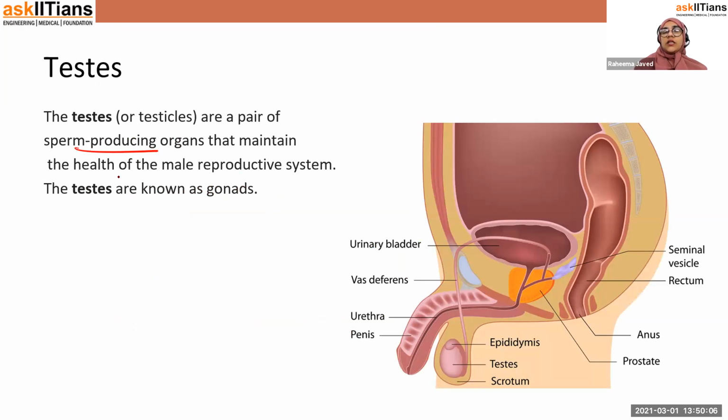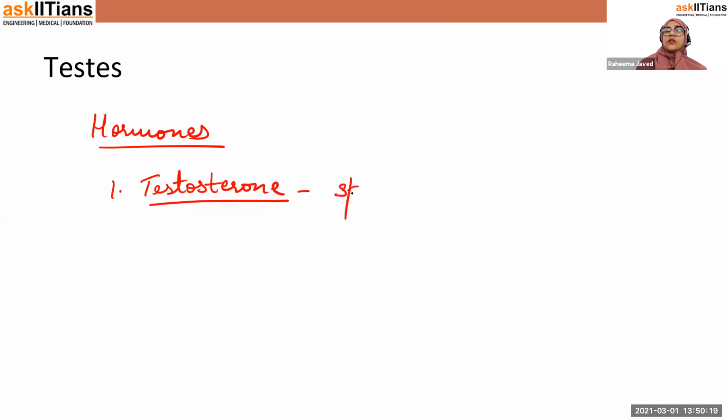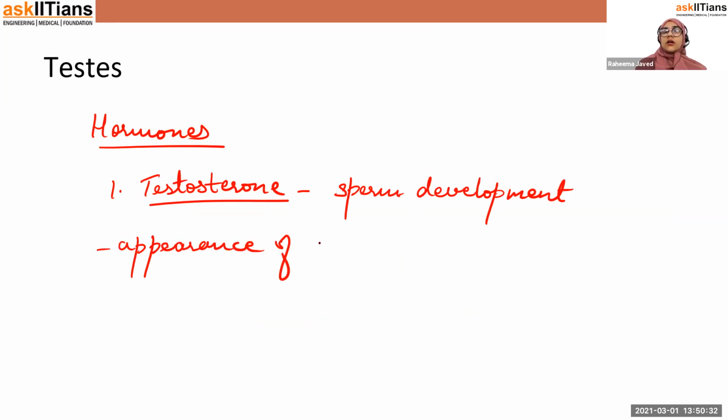Okay, and what we need to focus on here is the hormone that is secreted by the testes, which is only one, that is testosterone, and it is responsible for sperm development and also appearance of secondary sexual characters in the puberty.